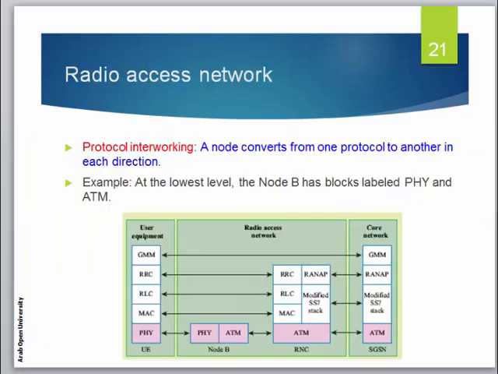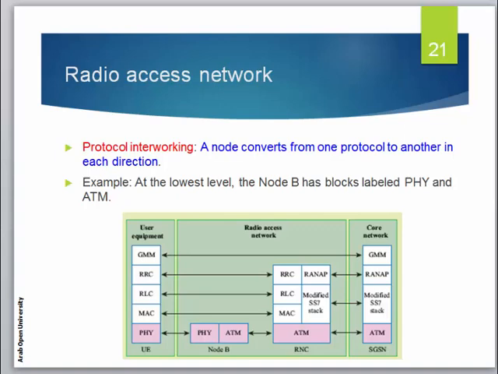Also, it should be noted here that when a node converts from one protocol to another in each direction, it is called protocol interworking. And here is an example of protocol interworking. At the lowest level, the Node B has blocks labeled PHY and ATM.